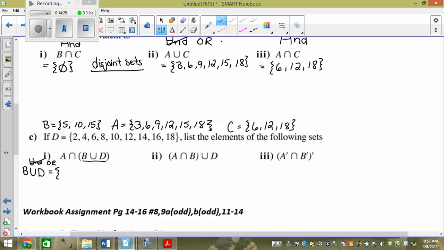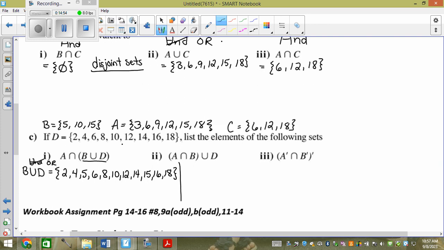So I'm going to have 2, 4, 5 is in B, 6, 8, 10 is in both, I still list it, 12, 14, 15, 16, 18. So that answered the B or D conundrum, correct?